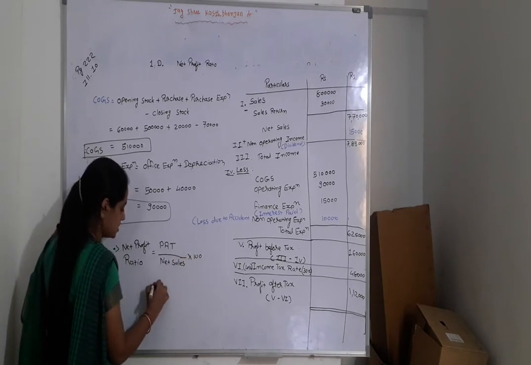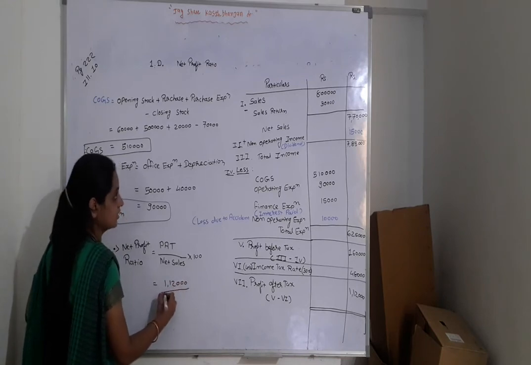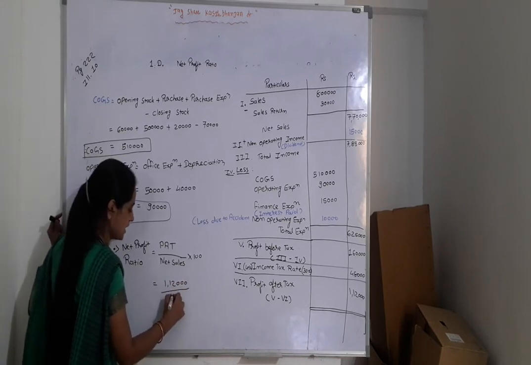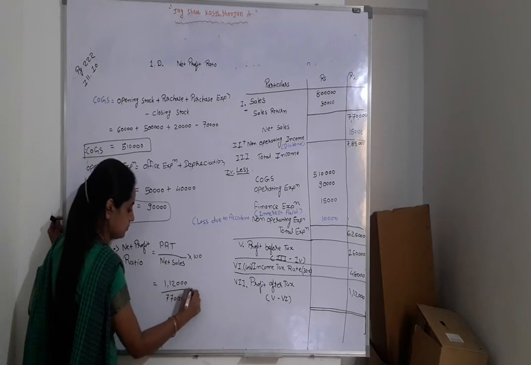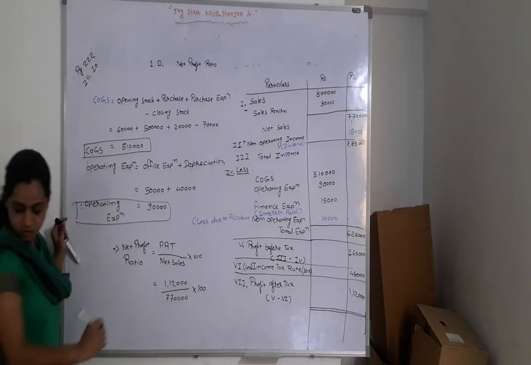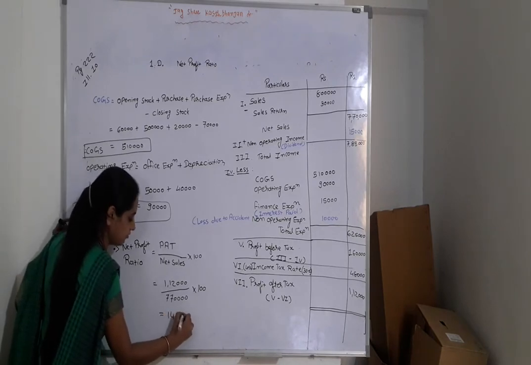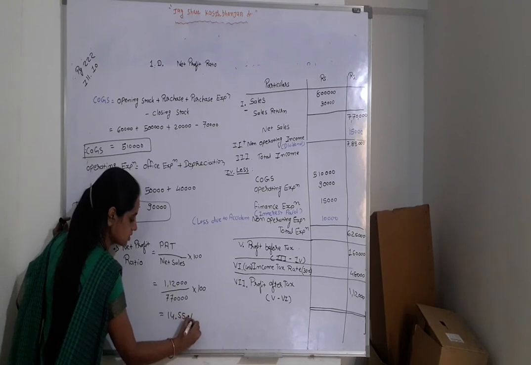Our PAT is 1,12,000, net sales 7,70,000 into 100. Our answer is 14.55%.